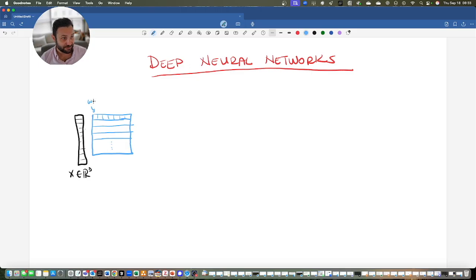There will be w1, the first row, and w2, the second row. Actually, let me not write w2 so close to the w, because I will add one more thing here. And I have my third row, w3, and I have several of them. And the outputs of each and every one of these rows, as you see, are going to be w1 transpose x, w2 transpose x, w3 transpose x, and so on.